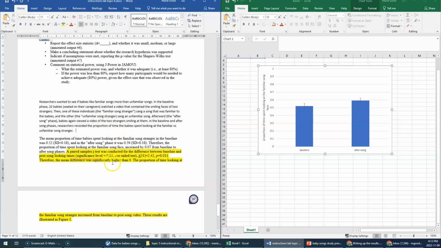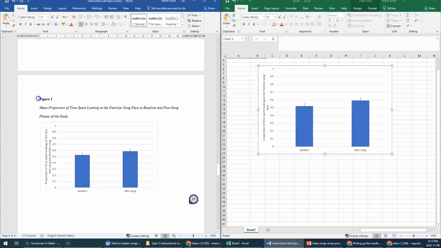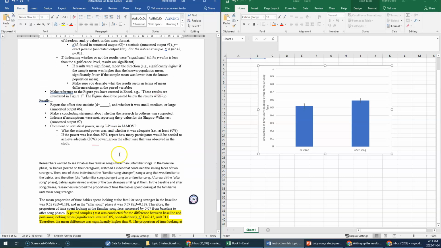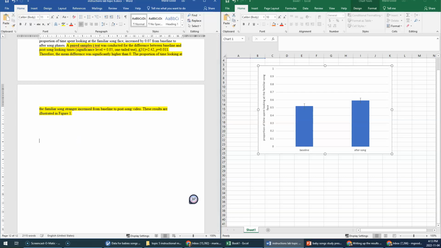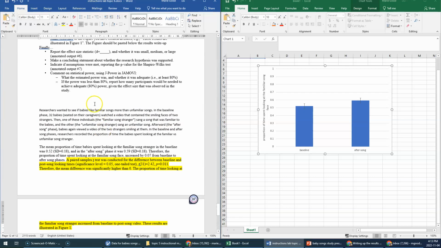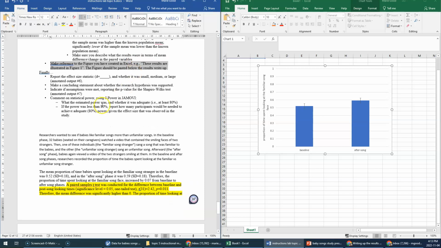And then we're going to put figure 1, which we have here, and we're going to grab the title, figure 1, and then the description of the figure. That's going to go in your final write-up. It goes after the write-up, but we'll just paste it here. And we're not quite done. Okay, so there's where we are now.